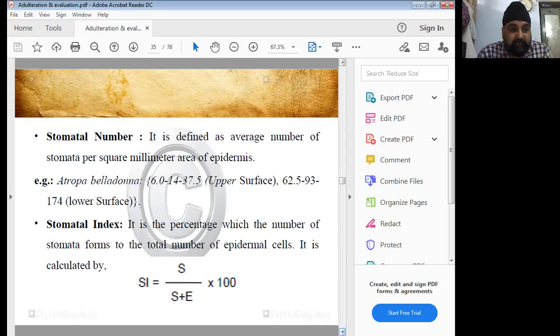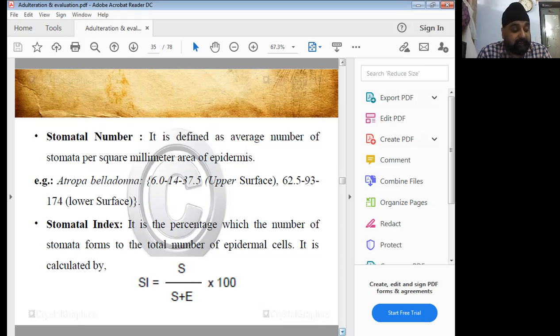In stomatal number, we determine the average number of stomata per square millimeter area of the epidermis. In Atropa belladonna, it's around 6 to 14 on the upper surface, whereas on the lower surface it is 62 to 93 to 174.